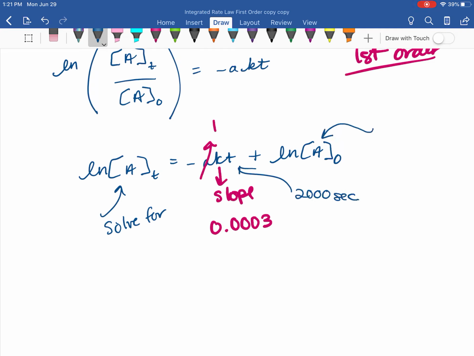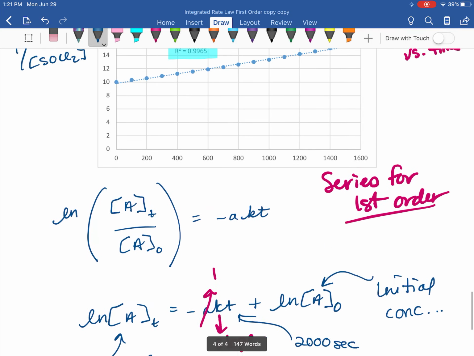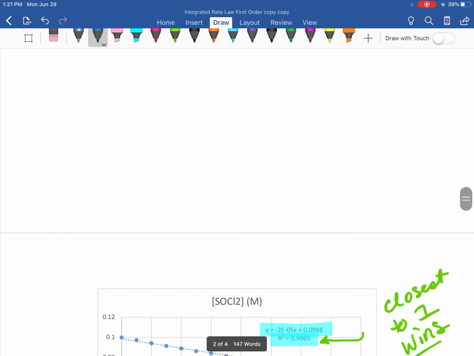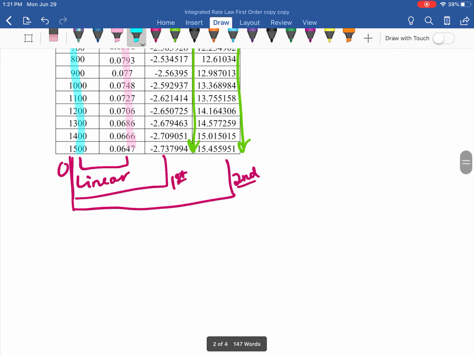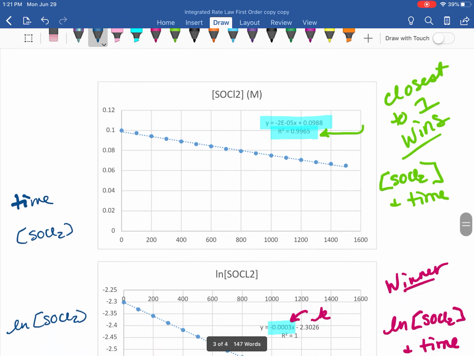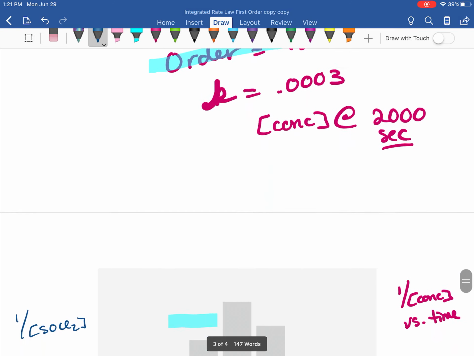And then the natural log of our initial concentration, we've actually already figured out. That is on our data sheet. We let Excel calculate that for us. That is right here. So minus 2.303. So let's go ahead and write everything in there.